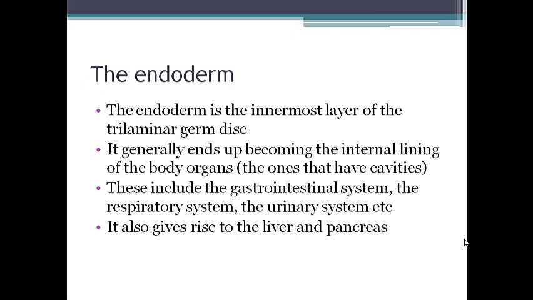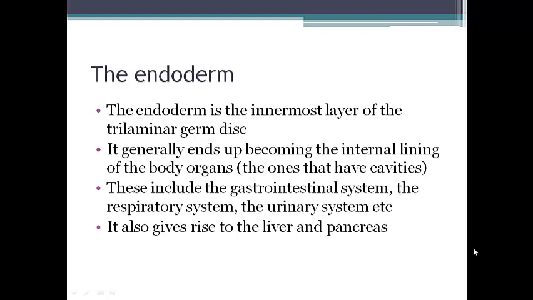So maybe blood, digested food, air. Okay, so whenever an organ has something flowing through it, that means that it has a chance for friction to happen. So to prevent this friction from happening and to make sure that the organ is protected internally, they need to have an internal lining as well, and this internal lining originates from the endoderm.